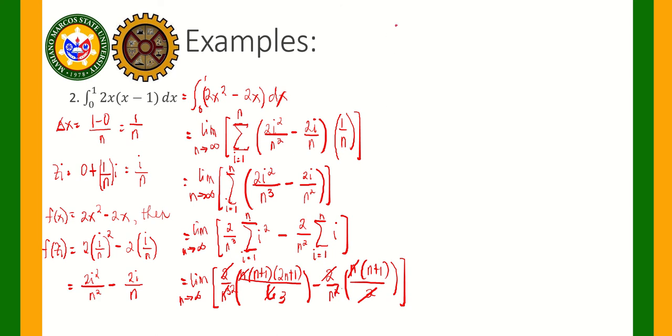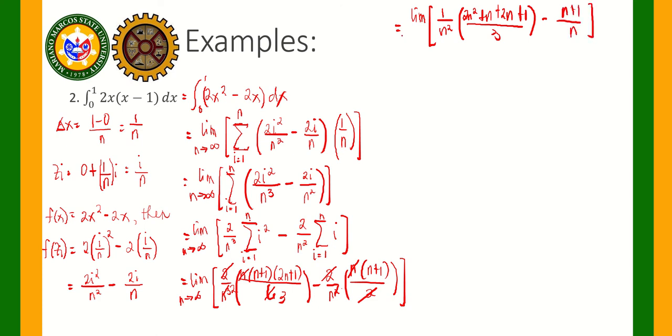So, we are left with the limit of the function 1 over n squared times, so simplify natin to, FOIL method, that will be equal to 2n squared plus n plus 2n plus 1 all over 3 minus, ayan, that will be n plus 1 all over n.